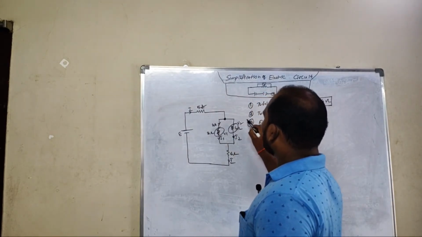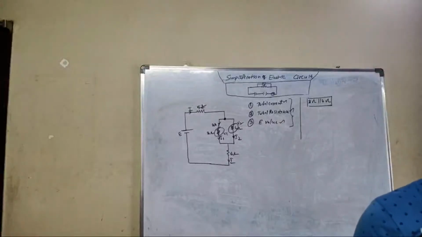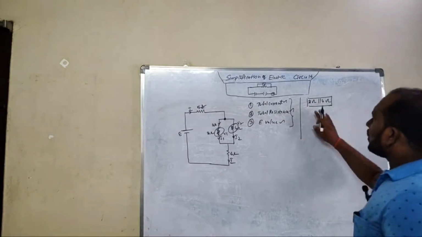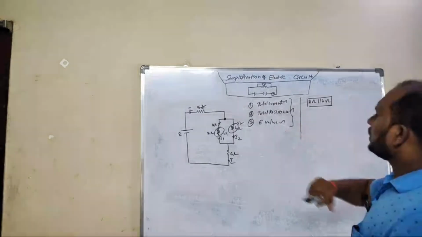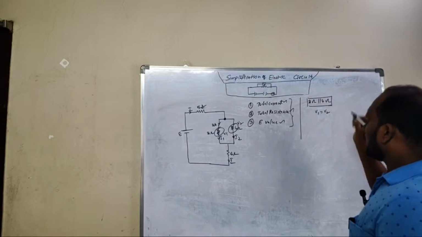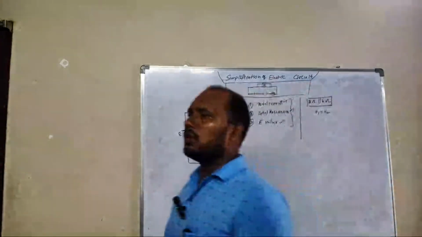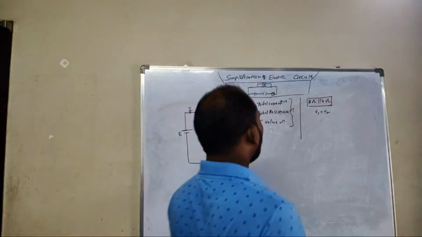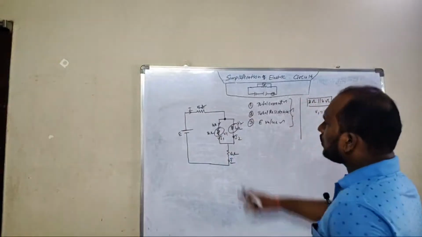Keep in mind, very important. So what is the meaning of it? Both have the same potential drop. So V1 is equal to V2. I already told you the V formula: V is equal to IR.